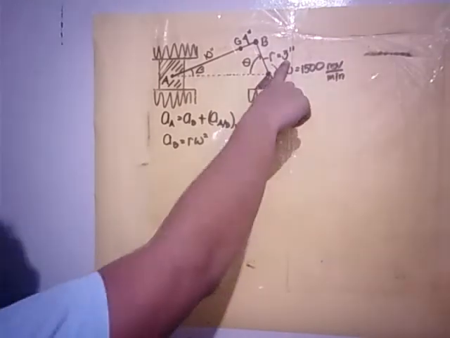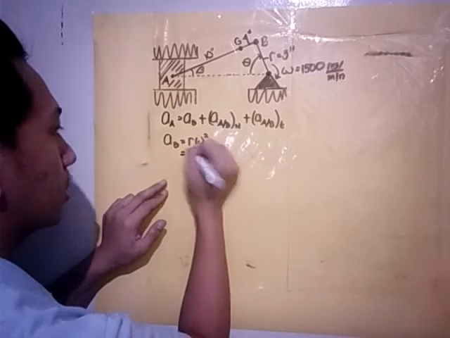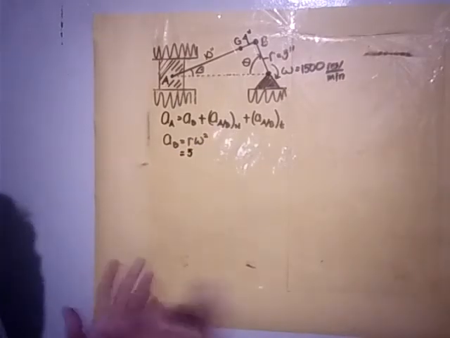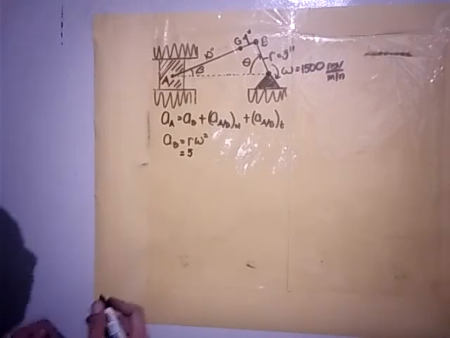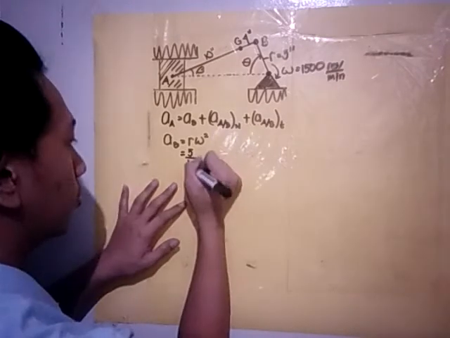Our radius is 5 inches, but we need it in feet to compute it easily, so I divide it by 12 to get feet.